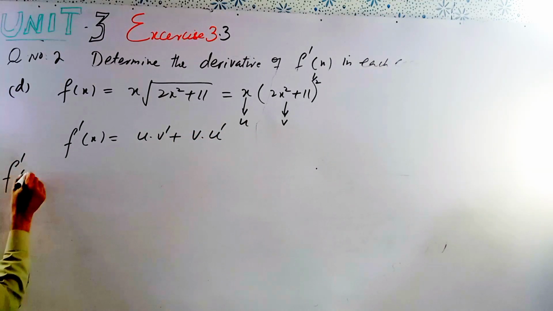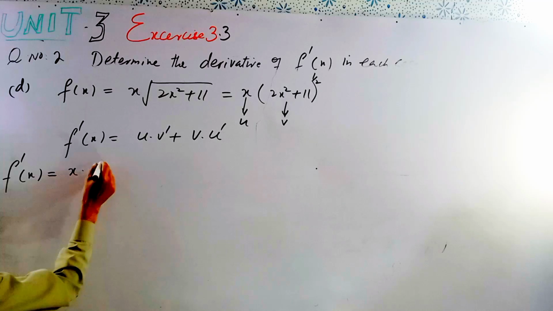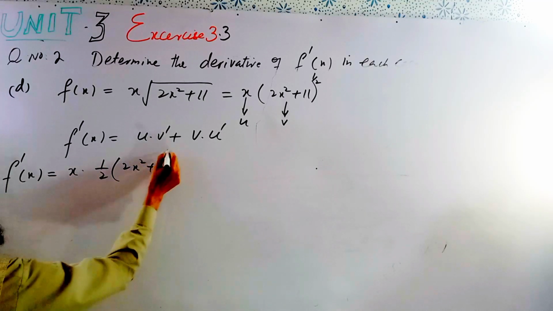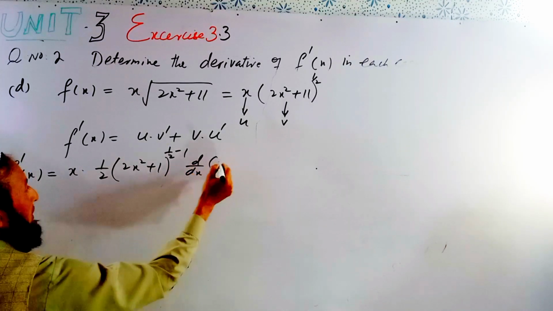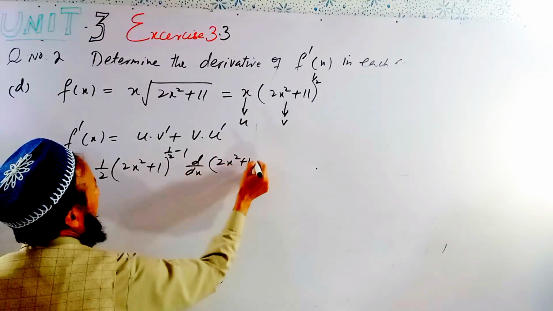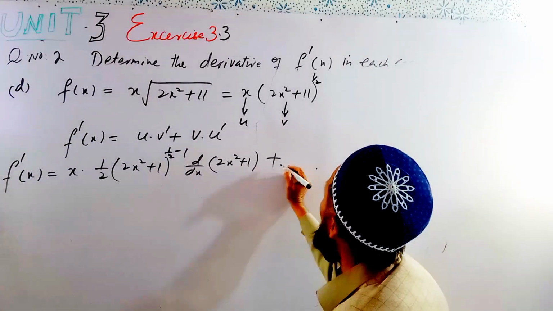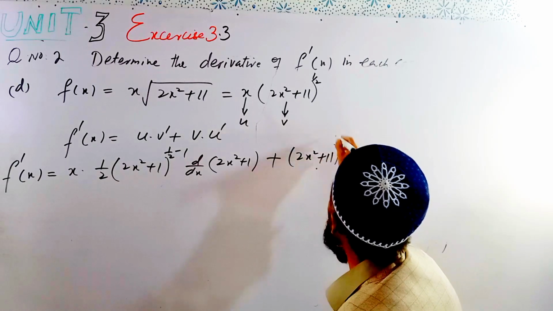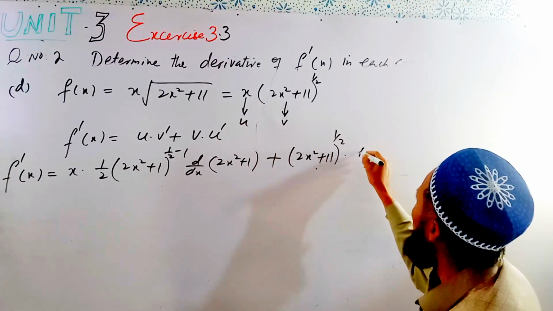f'(x) is equal to, x is u, consider x, and the derivative of this function: 1/2 (2x² + 11) power (1/2 − 1), and further the derivative of 2x² + 11, plus v, the derivative is here v, (2x² + 11) power 1/2, and the derivative of u function, u is x, is 1.